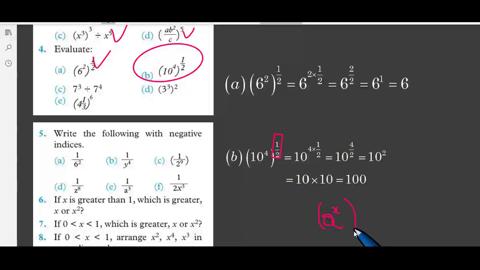See, this law will be applied. x times y.